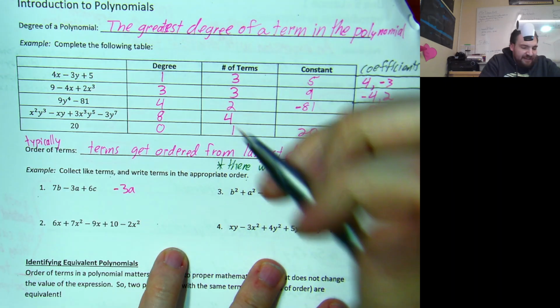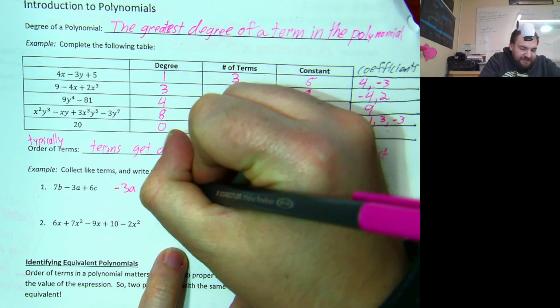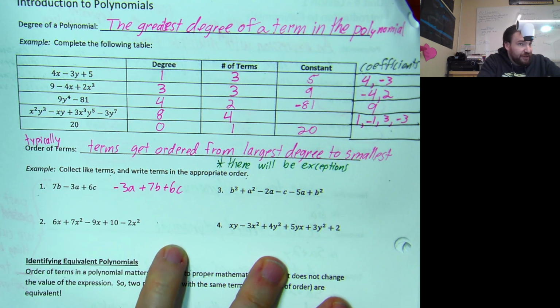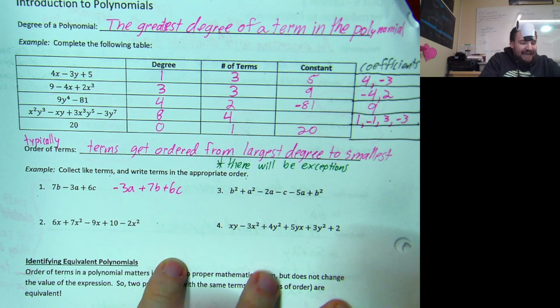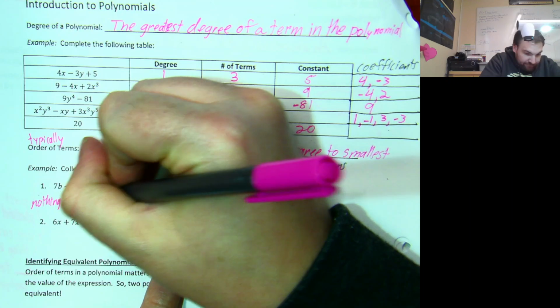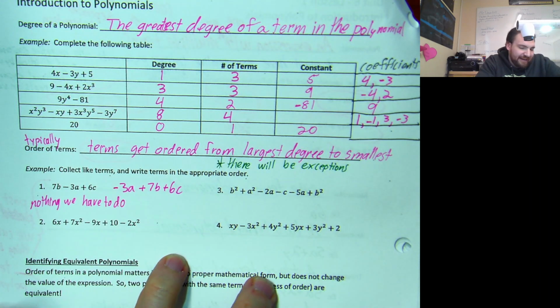Often the variables take charge, so sometimes we would order this in alphabetical order on the variables. But if we care about the degree, there's nothing we have to do. Sometimes you get people who would rather have it in alphabetical order of variables. That's totally normal. Don't have to, though.